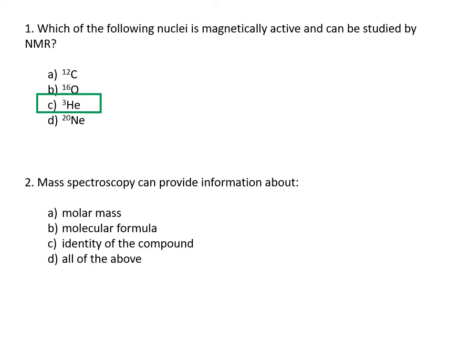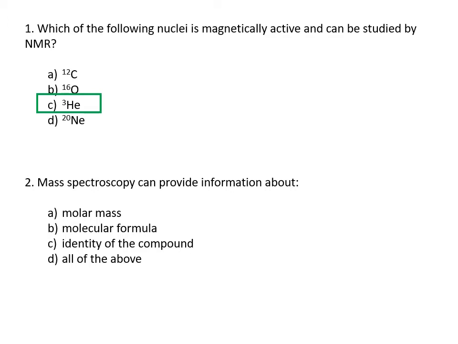Question number 2, mass spectrometry can provide information about molar mass. Yes, that's the M plus ion, so that peak will provide information about molar mass. Molecular formula, we can obtain the molecular formula of a compound if we carry out high resolution mass spectrometry. Identity of a compound, yes.